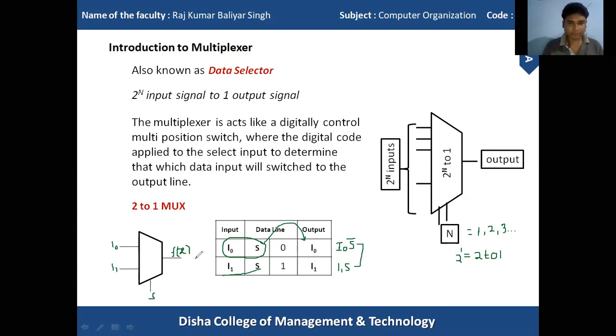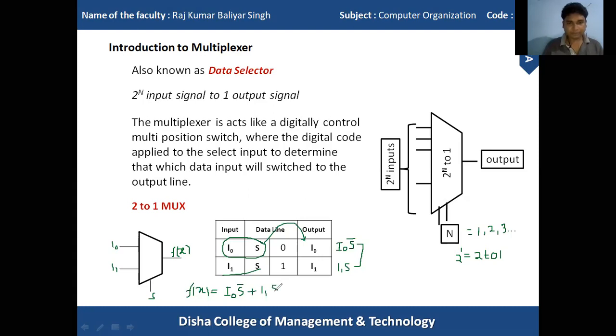So the final f of x equals I0, and we have to do the OR operation, that means addition: I0 s-not plus I1 s.